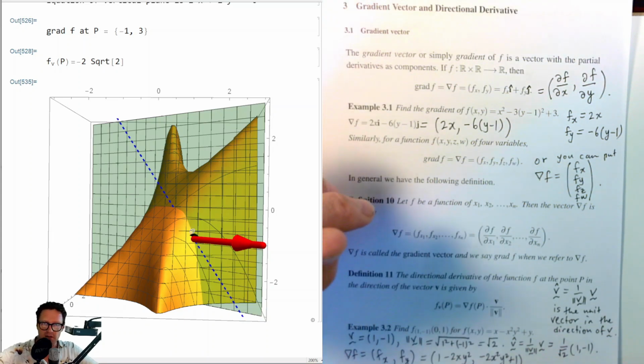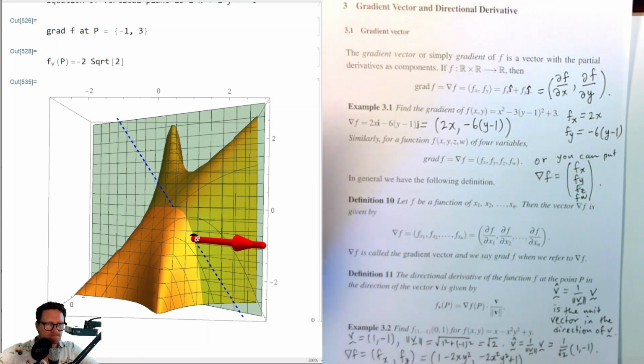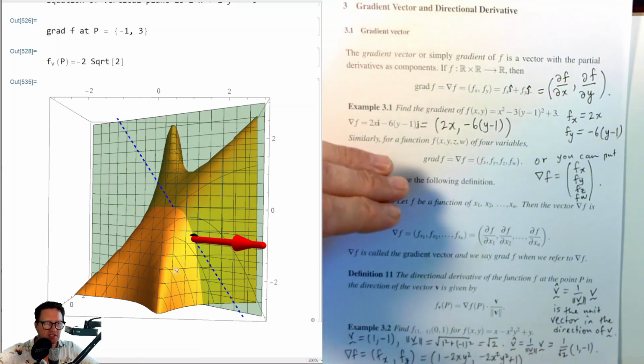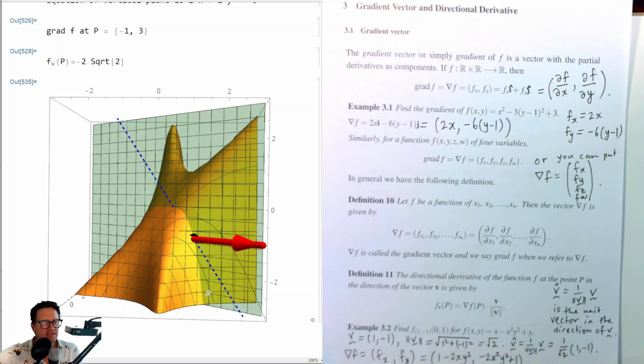The black point right here, that's our point P. Okay, so we are asking the question here, or displaying, what is the slope of this surface in a vertical slice that is parallel to the vector v? Right, now we can see that that slope is some number other than 0. So what do we have? We have the slope being -2√2. That's the slope of this blue dashed line, which is a tangent to the surface at the black point P.